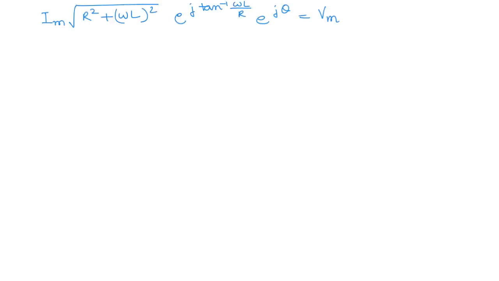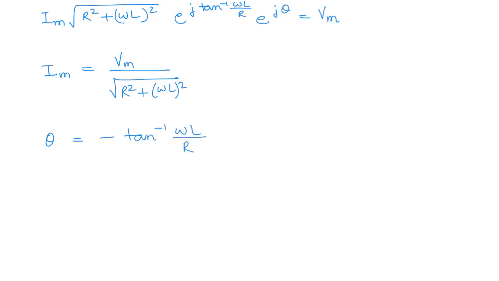So I've just written this equation on the other page, and if you solve it, what we are saying is Im should be equal to Vm over square root of R square plus omega L square, and your phi should be equal to minus tan inverse omega L over R. And you can check that this is the same solution that we got in the previous case, right?